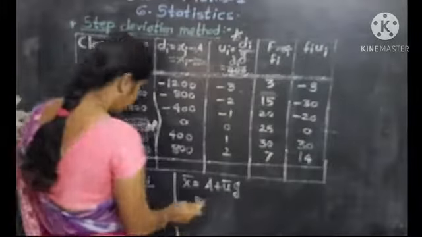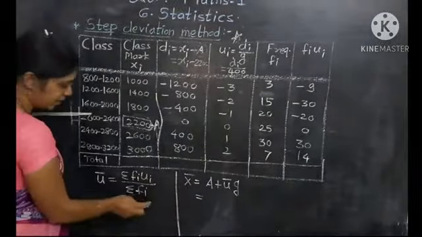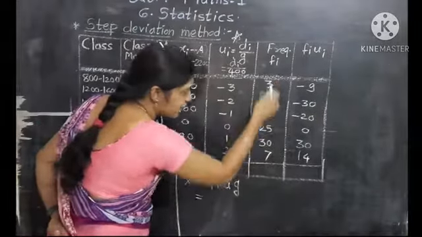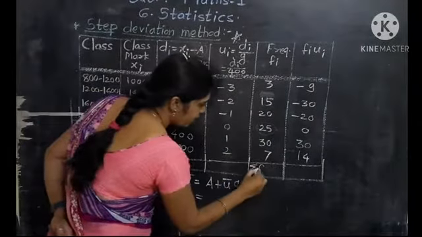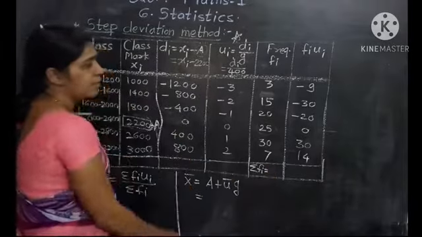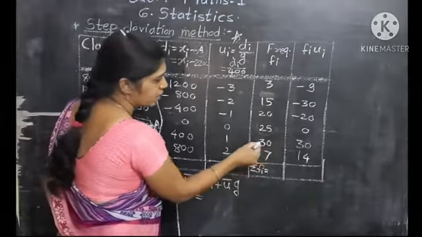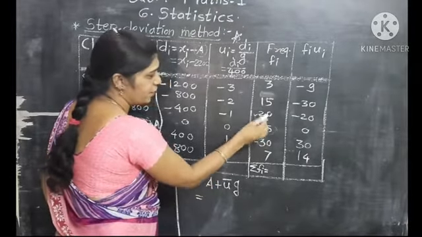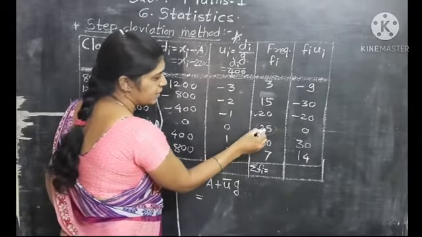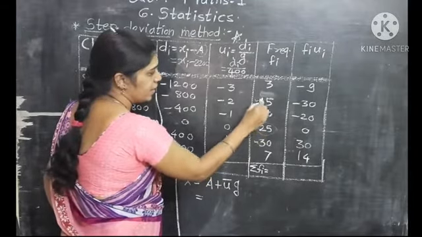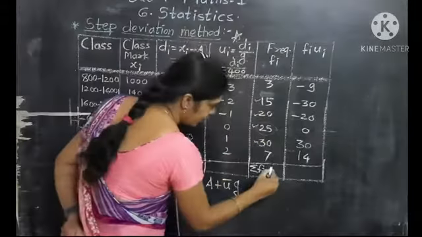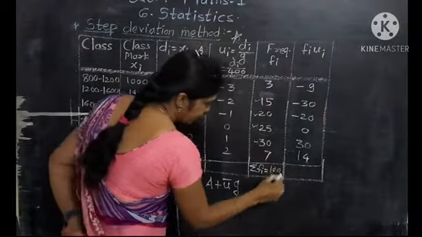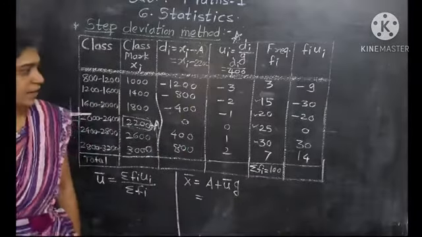Now we have to find summation fi and summation fi ui. Here this is the fi column. Sigma fi, or summation fi, means the sum of all these: 30 plus 20, 50, 60, 70, 75, 80, 90 and 10, 100. Means the sum here is 100.